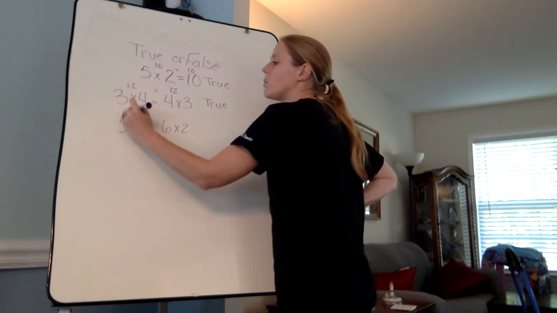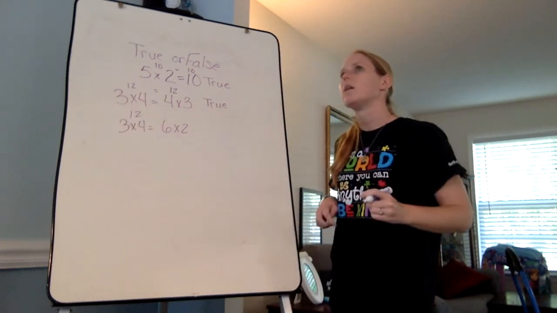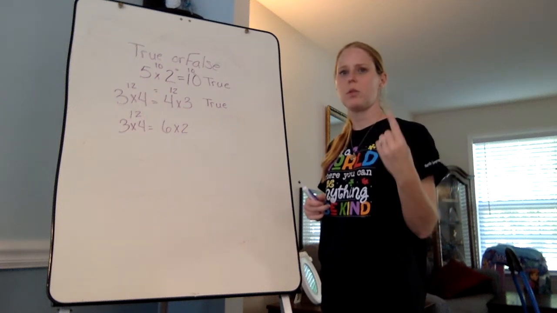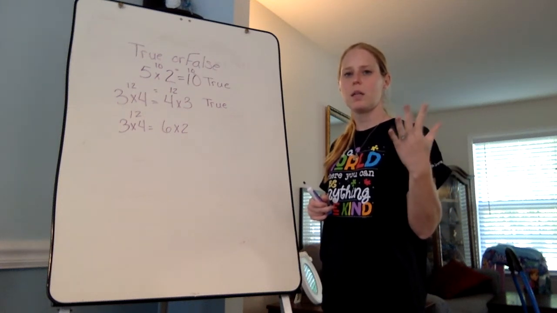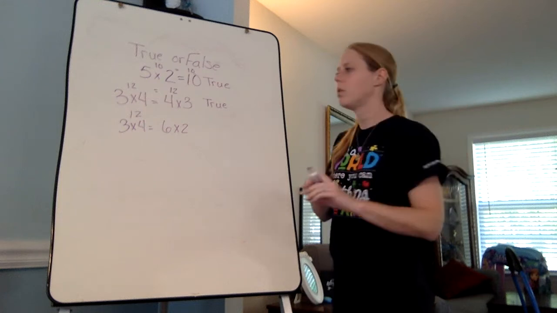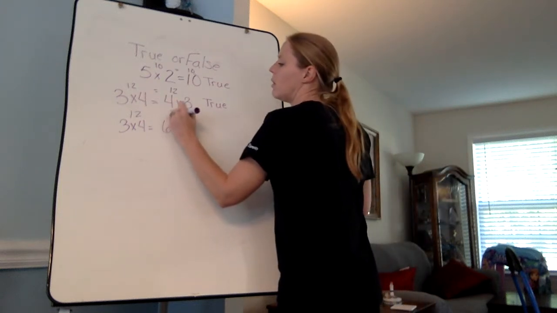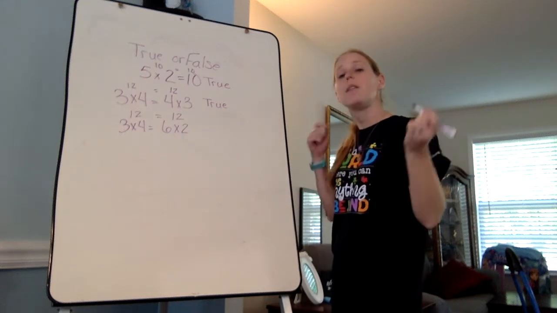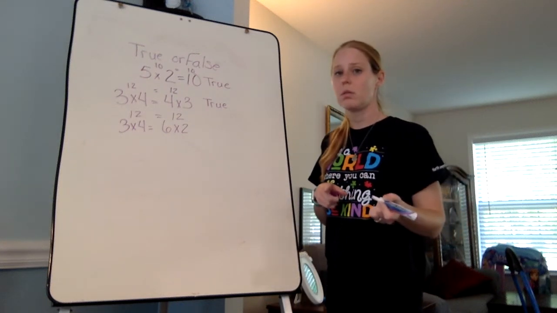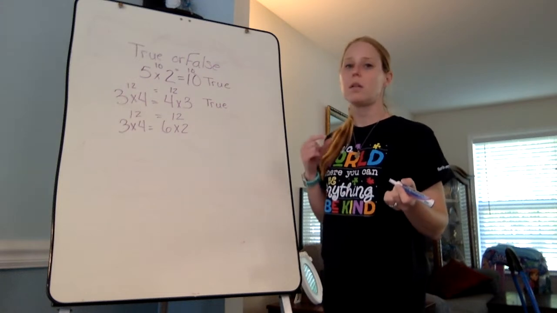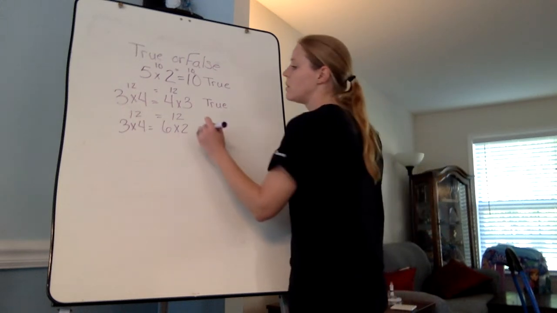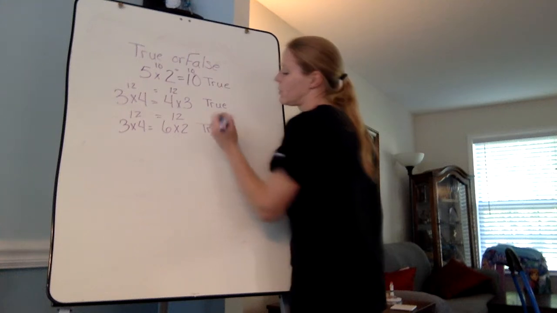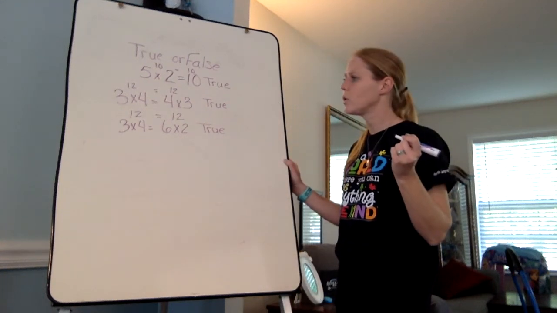So 3 times 4 equals 12. 6 times 2, 6 groups of 2. 2, 4, 6, 8, 10, 12. 12 and 12 balance each other out. They're two different equations, but they still have the same product. So this is going to be another true. Oh man, we're on a roll with the trues right now.